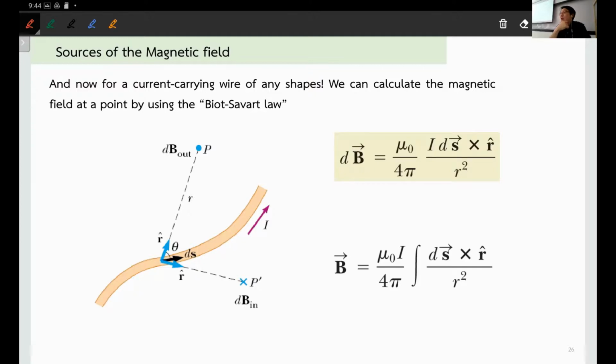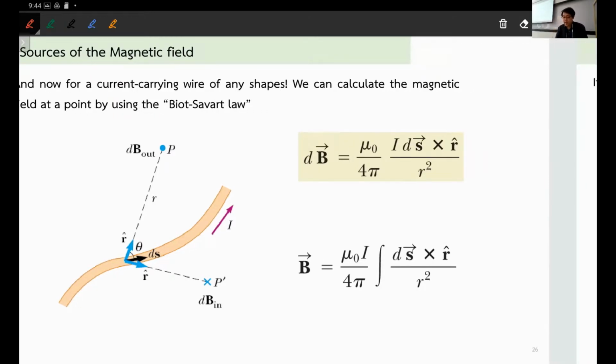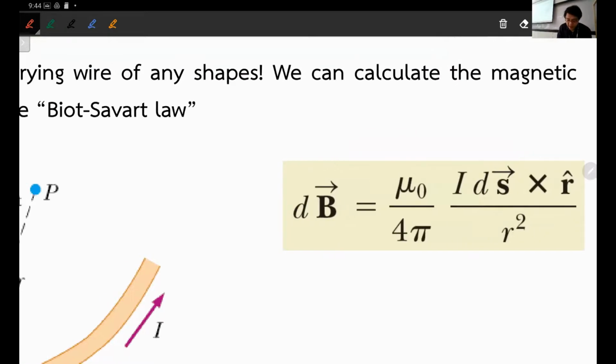It would take hours just to complete one problem. But I put it here just to give you a feeling of what actually needs to happen if you want to calculate the magnetic field from a current source. Okay, this is the equation. And the name of this one is Biot-Savart's law.